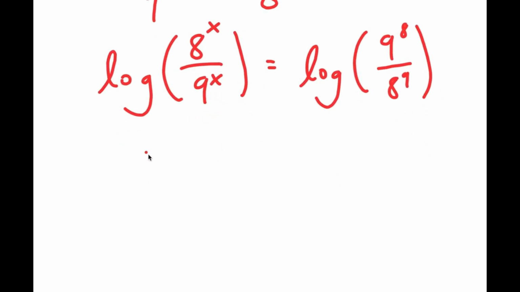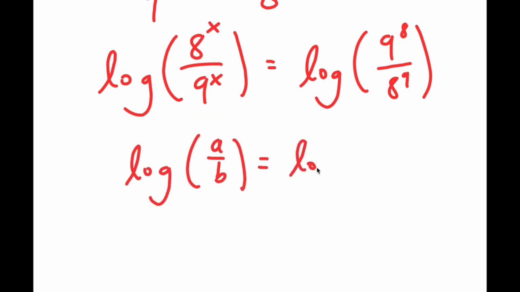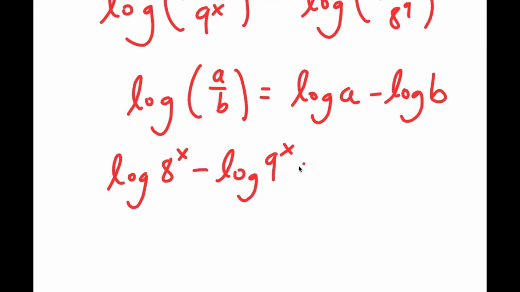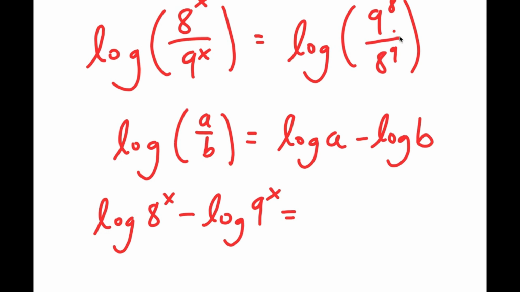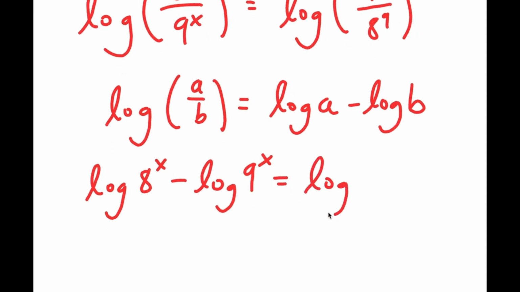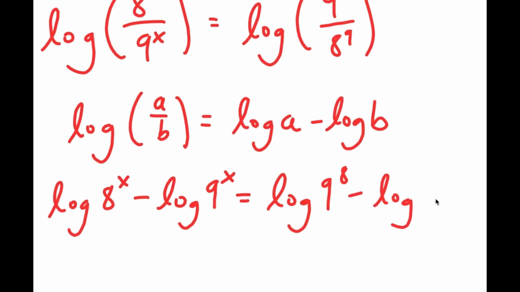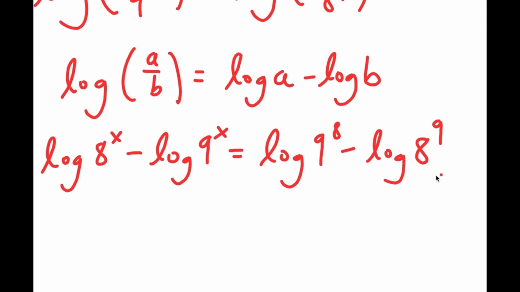Now, if I have something in the form log a over b, this is equal to log a minus log b. So log 8 to the power of x over 9 to the power of x is going to equal log of 8 to the power of x minus log of 9 to the power of x. And I can use the same property for log 9 to the power of 8 over 8 to the power of 9 to make it equal to log 9 to the power of 8 minus log 8 to the power of 9.